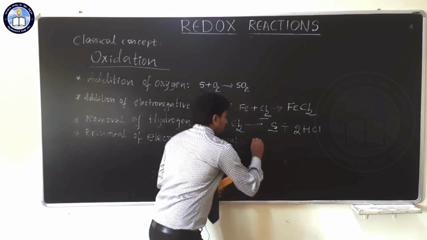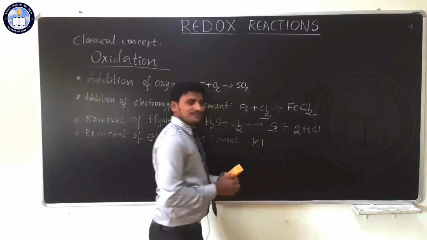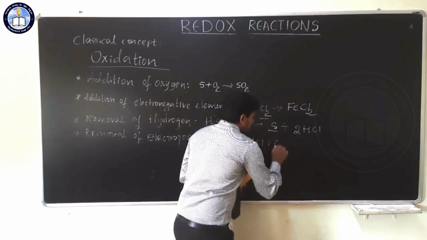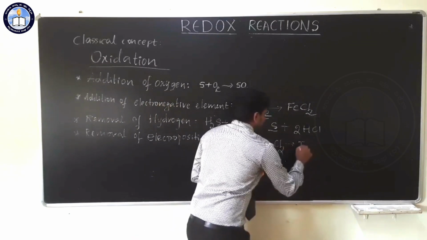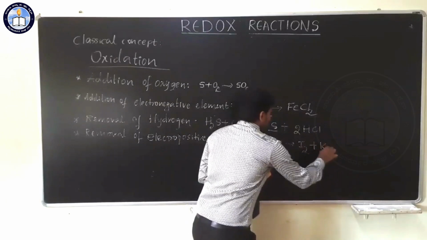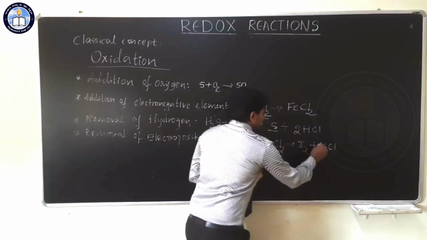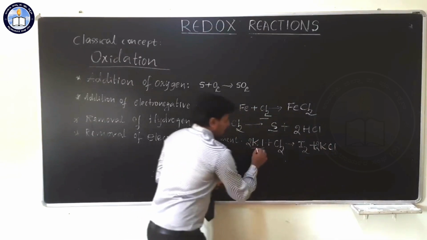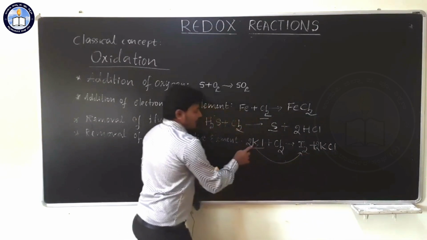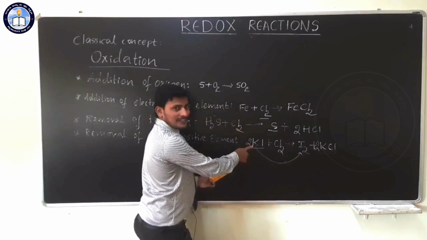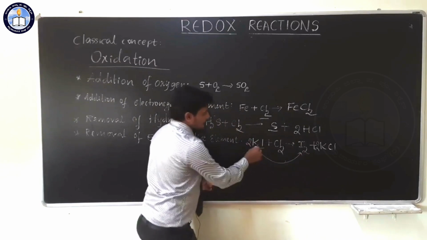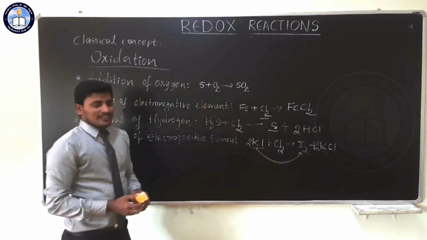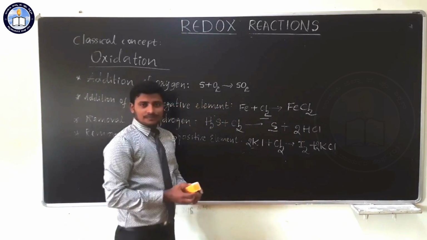If I write here KI, potassium iodide, plus Cl2, the products are I2 plus KCl. Balance it here, I2 plus KCl. When I compare this, the electropositive metal is replaced, removed, isn't it? Removal of electropositive element is known as oxidation.